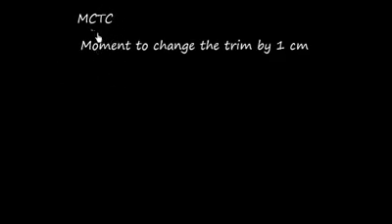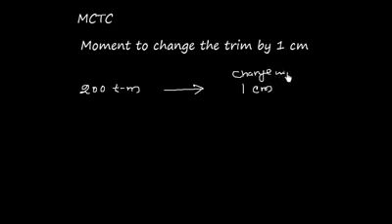Now let us discuss MCTC, which means moment to change the trim by 1 centimeter. This is one of the important hydrostatic particulars which is used in stability calculation. Say suppose we need 200 ton meter of moment which creates a change in the trim of 1 centimeter.